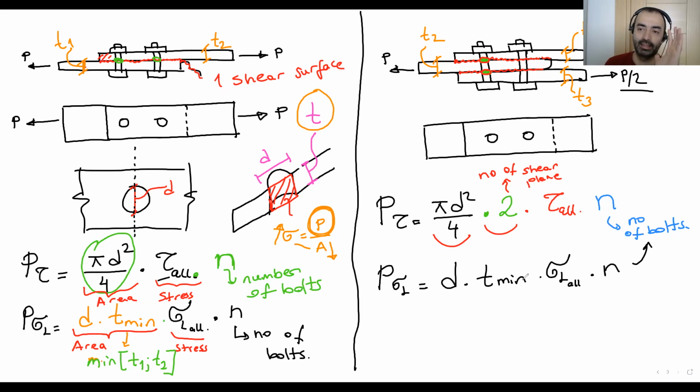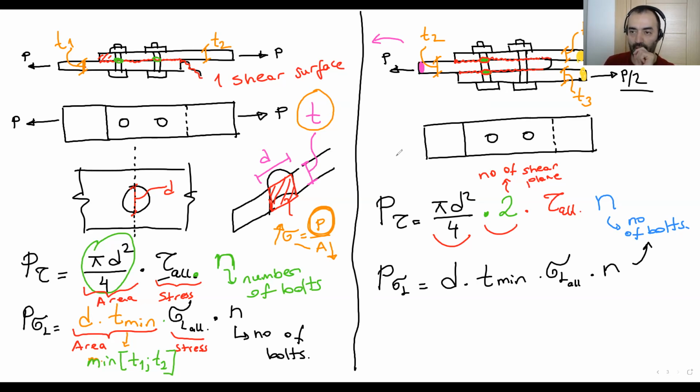So the logic is basic here. Let's take a look here. We have to consider the plates which work for the same side. That means this plate works to the left side because the force takes it to the left. And these two work for the right side. So the forces P over 2 take them to the right-hand side.